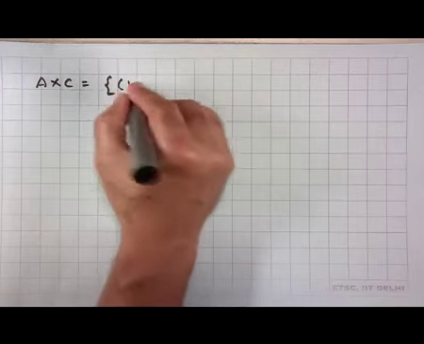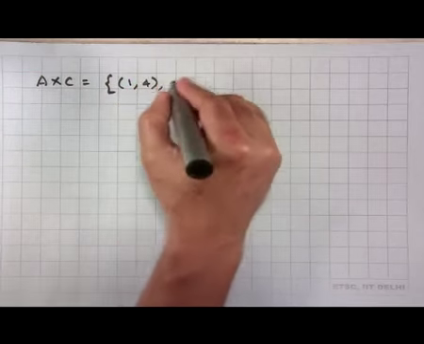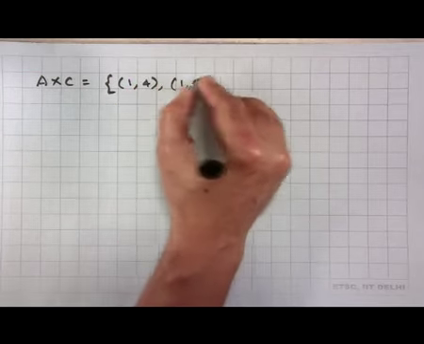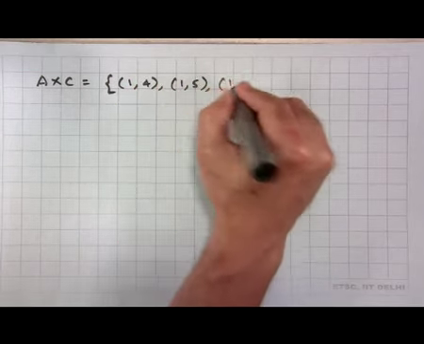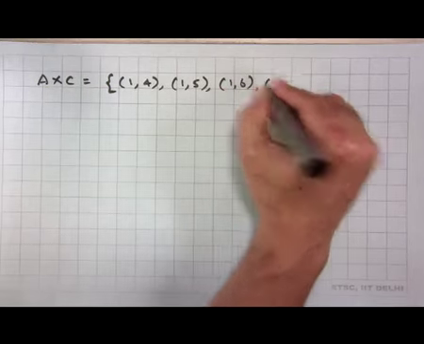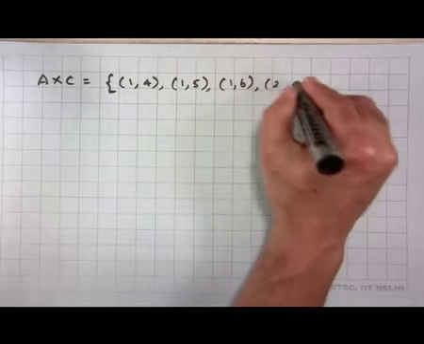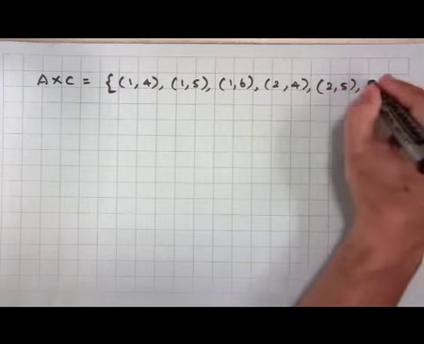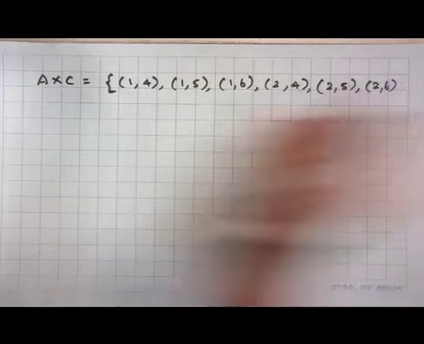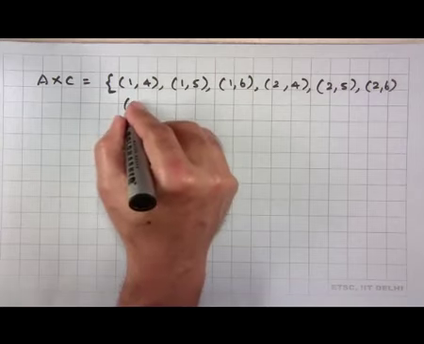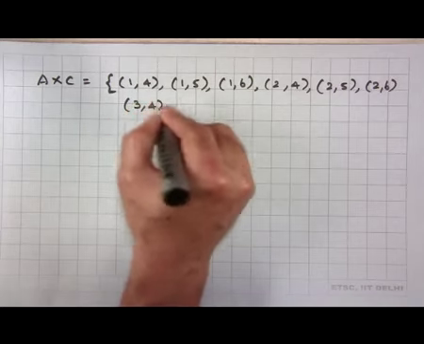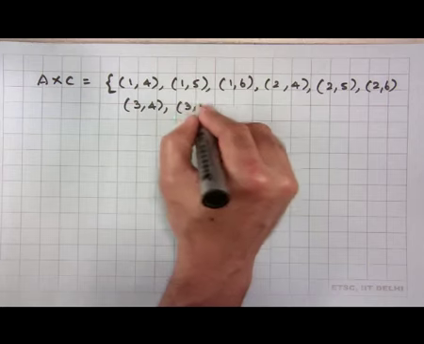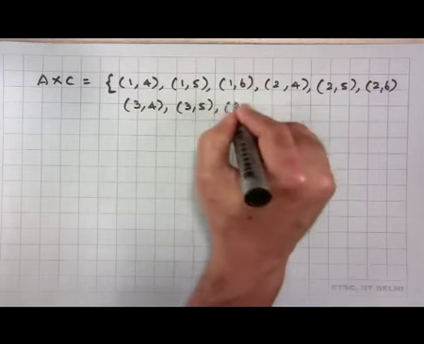So, this is (1, 4), (1, 5), (1, 6), (2, 4), (2, 5), (2, 6), (3, 4), (3, 5) and the last element (3, 6).